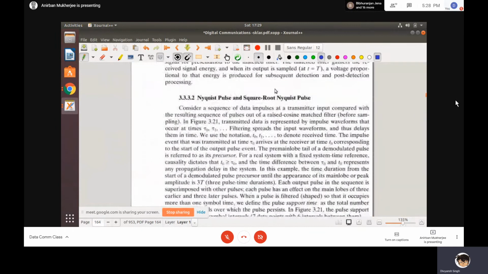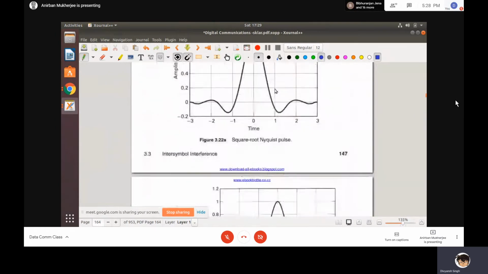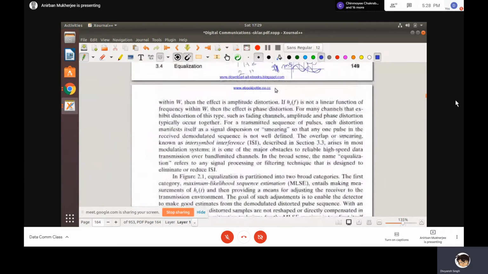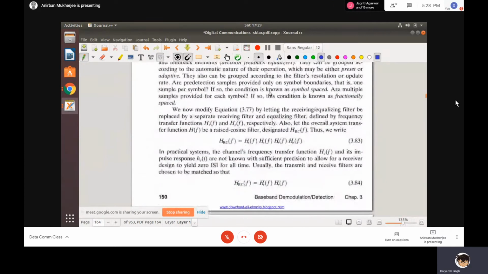Okay. Now say I have a total response. This is your source. Then there are transmitter blocks, all sub blocks.